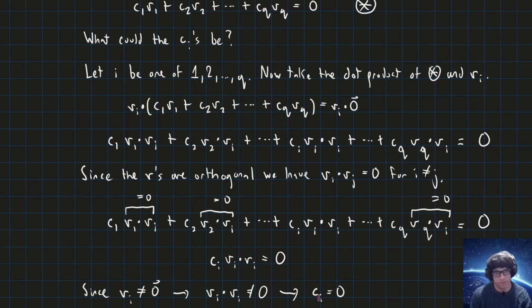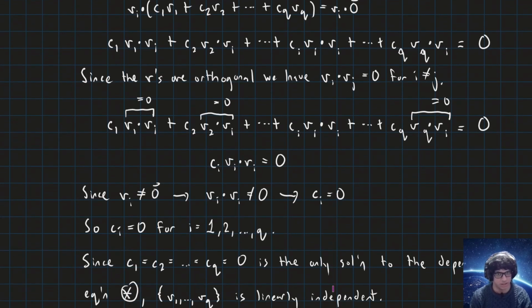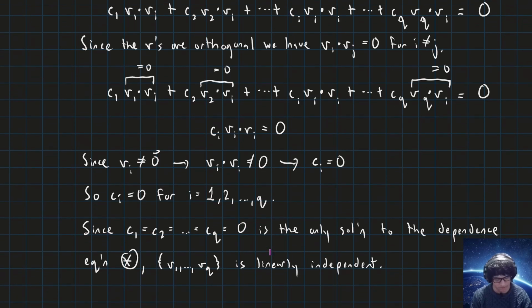So that proves that ci, our constant, is 0. And that argument works no matter which index 1 through q you choose i to be. You can repeat this argument for any of these numbers and it'll always work. So since all the c's are 0, that's what we wanted to show.